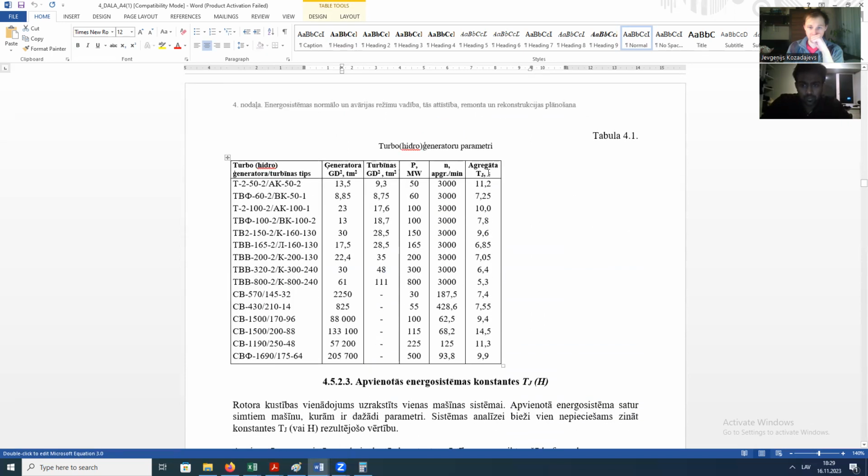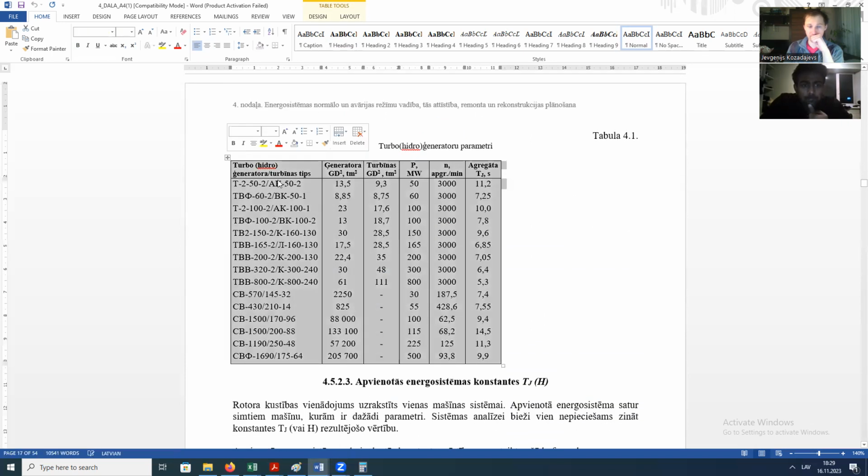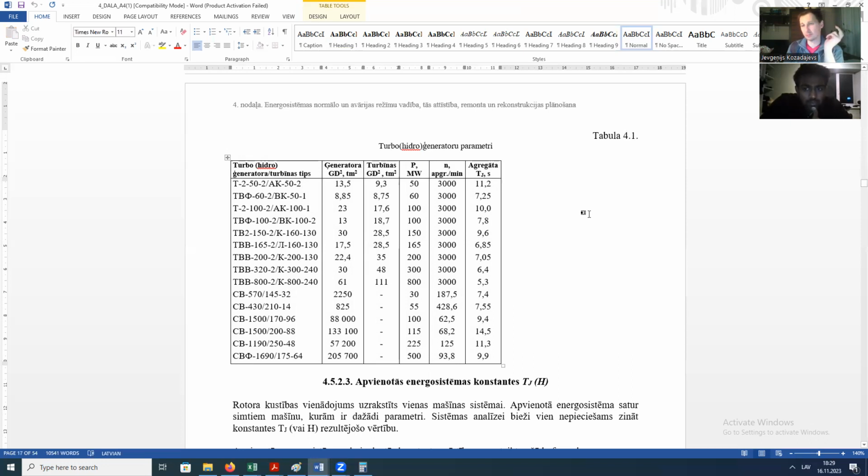For example, this table is for Soviet generators. As I said, Latvian hydropower plants were built and reconstructed. Two of them were built in Soviet time. One was built before, but all of them were reconstructed in Soviet time.